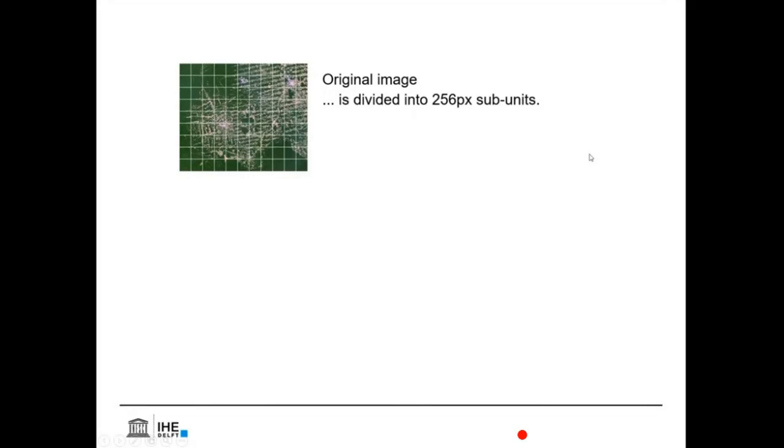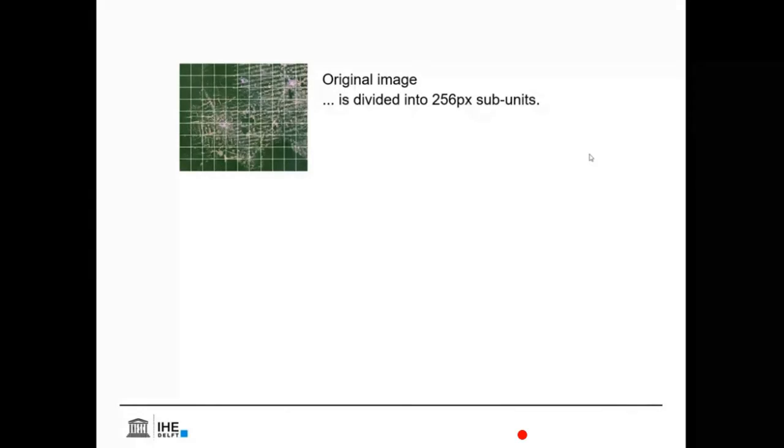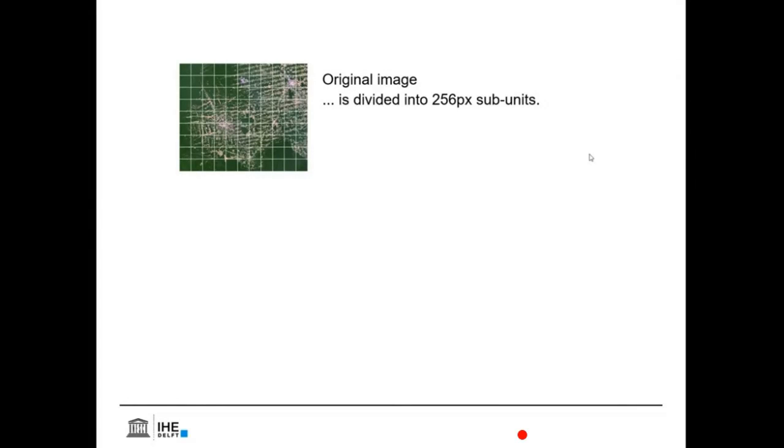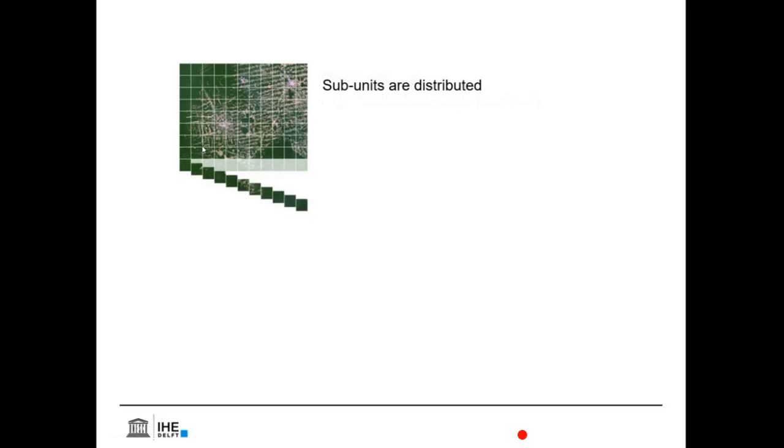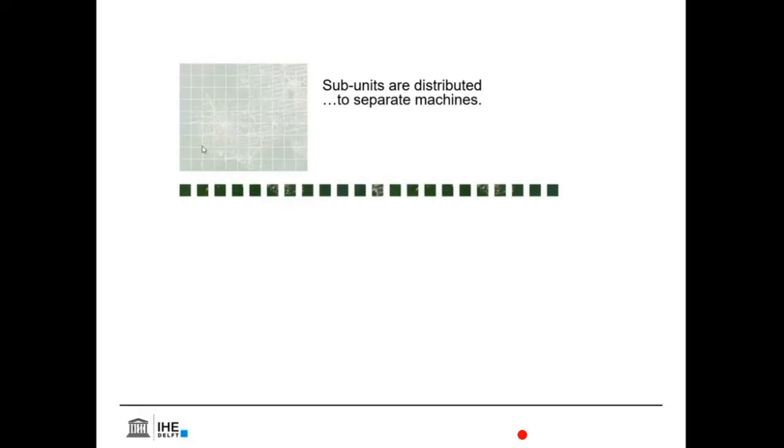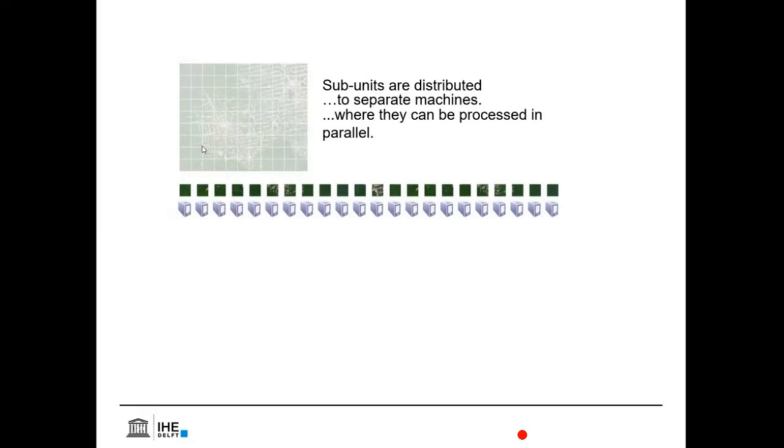The basic trick of processing this huge data is parallel processing. What they do is divide the entire image of your study area into, let's say, 256 pixel subunits. So they divide one image into different grids, different boxes of 256, and each grid goes to a different node, meaning a different computer or processor in Google's cloud infrastructure.